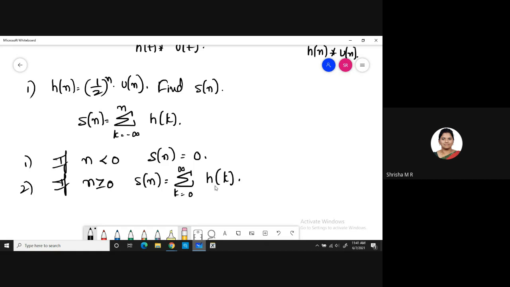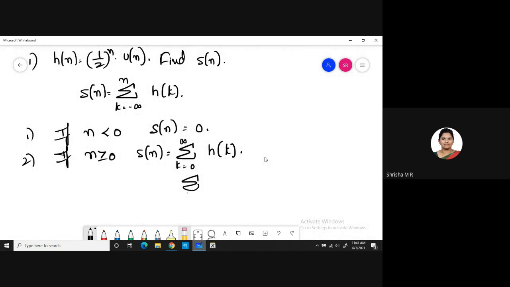So you have the summation k equal to 0 to infinity of half to the power of k into u of k. u of k is a unit step signal, so it starts from 0 and goes up to infinity with amplitude 1. So you can substitute it as 1. Now try to solve this.